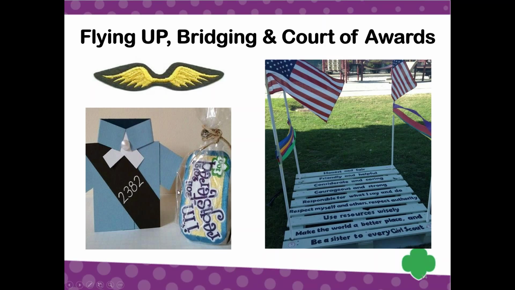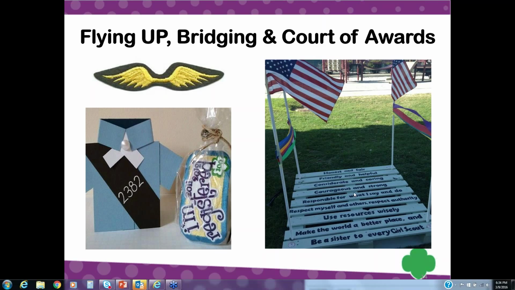I just thought that was too cute. And then the bridge is a bridge that the girls walk across, and of course this bridge has the Law on it. A pallet that you can get at Home Depot or something like that is a great resource.